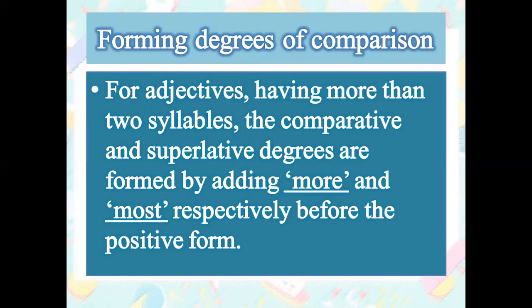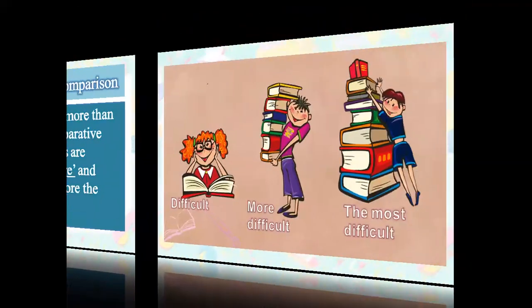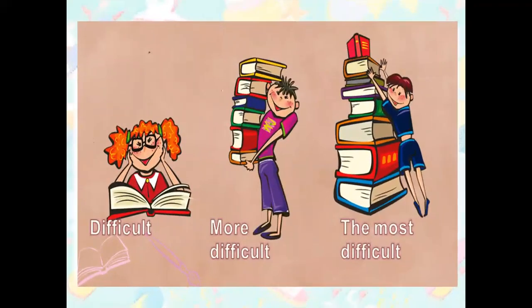So here we will see the examples. The adjective here is difficult. And what are we using in the comparative degree here? More difficult, right? And then in the superlative degree, it becomes the most difficult. So we are adding here with the adjective difficult, more difficult, and most difficult, right?